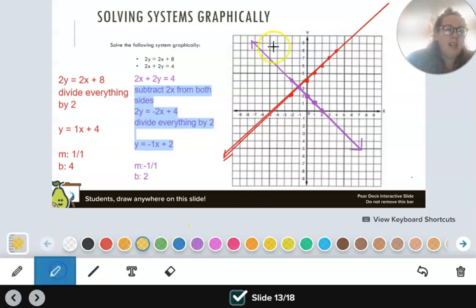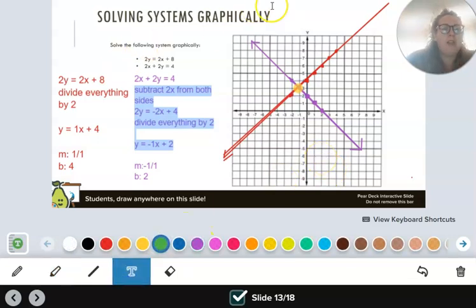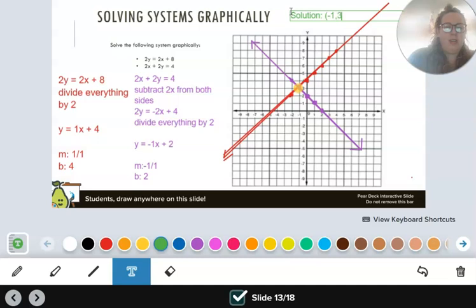So this has, again, one solution intersecting at -1, +3. There's our solution. That is a point that we could plug into both equations to get a true statement. Beautiful. Push ahead to slide 14 when you're ready.